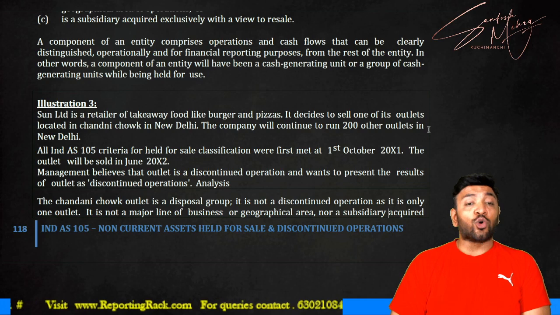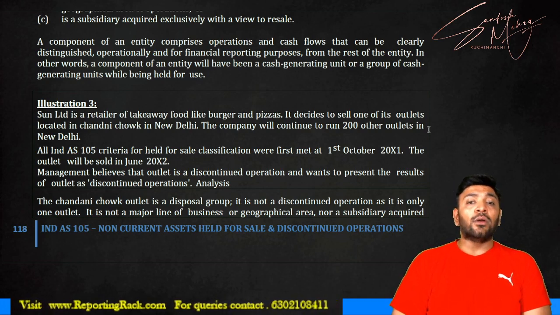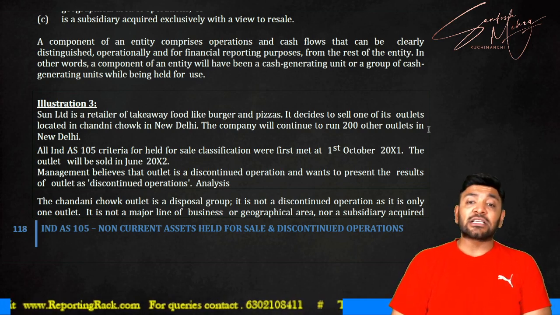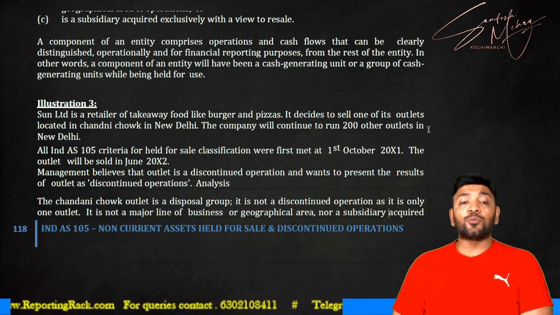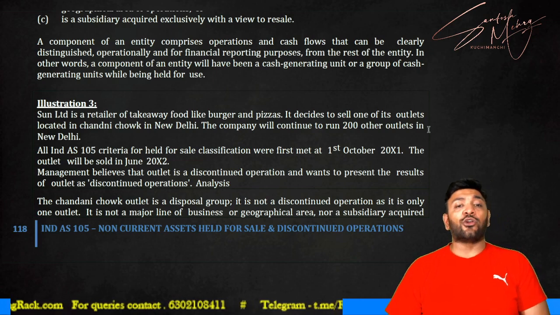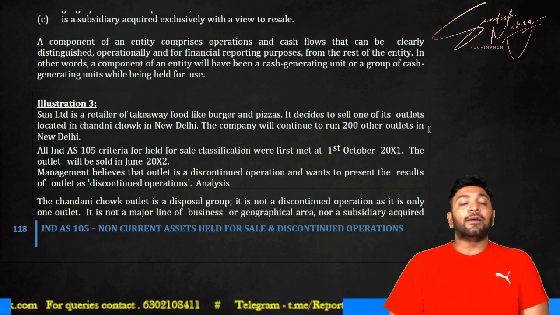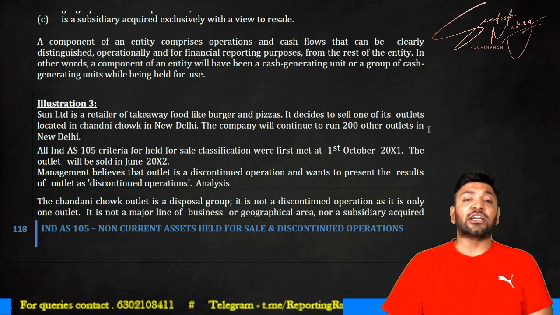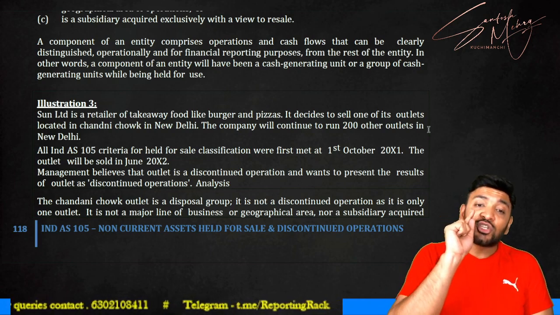The outlet will be sold in June 2022. Management believes that it is a discontinued operation and wants to present the result of the outlet as a discontinued operation. Analyze.